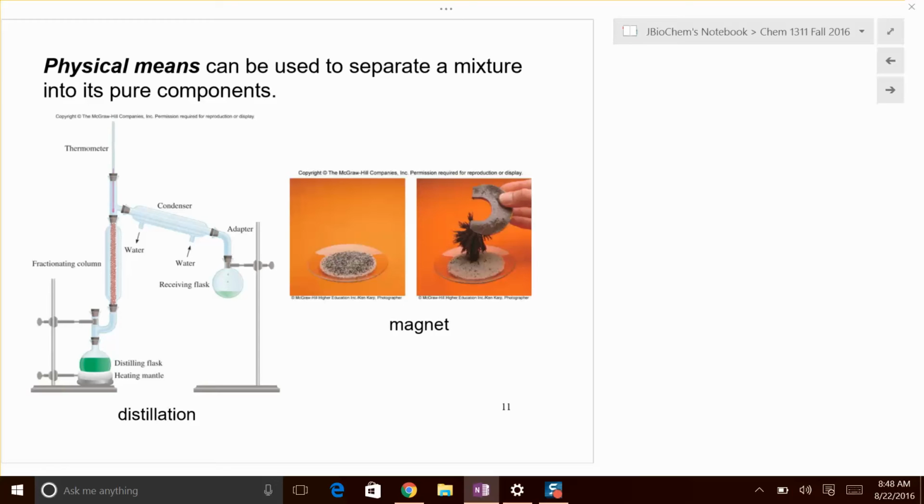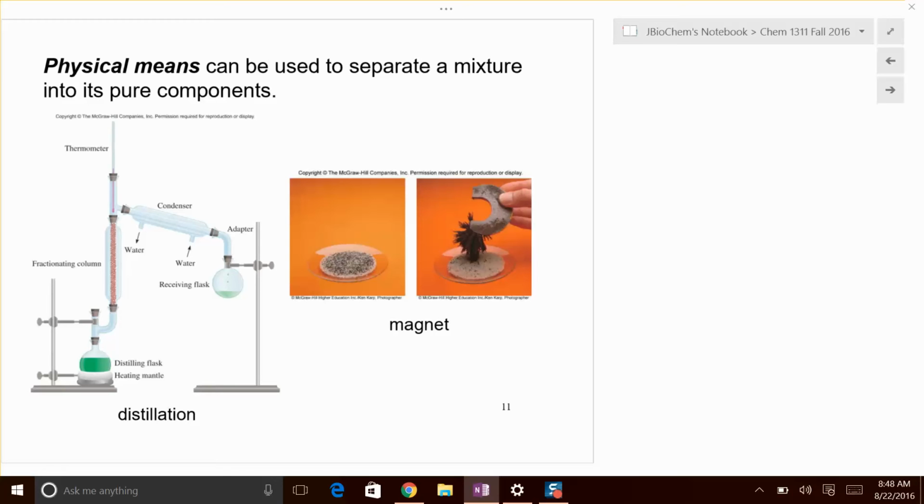And as it boils, it turns into a gas, right? And as a gas, it will travel up this distillation tube, and then it will collect in this collection tube here, where you cool it down with water that's surrounding the tube. You have water constantly circulating around the tube, and that condenses it from a gas to a liquid.